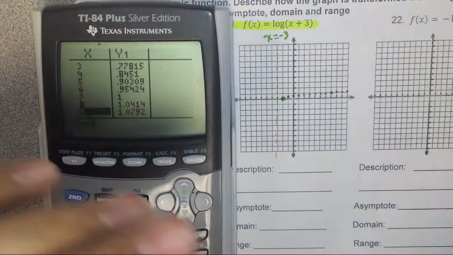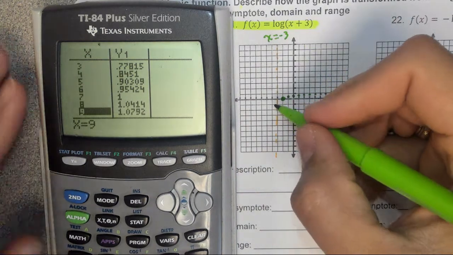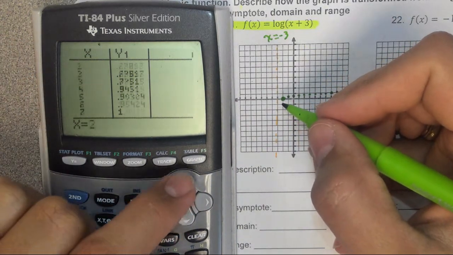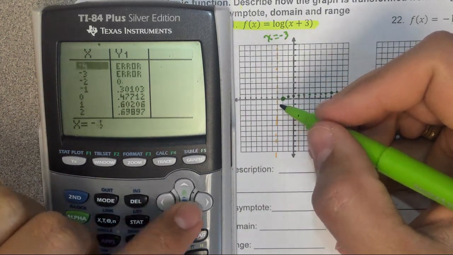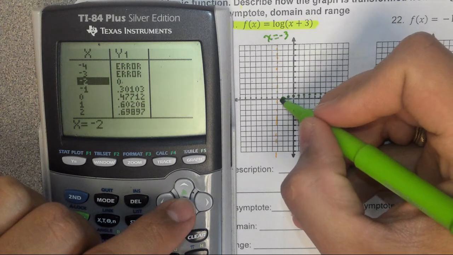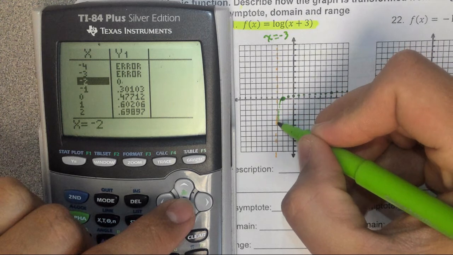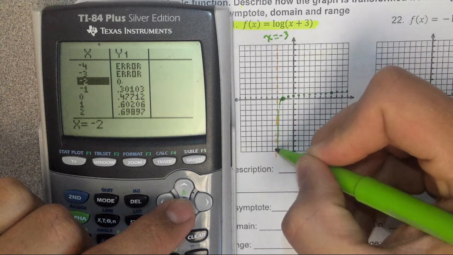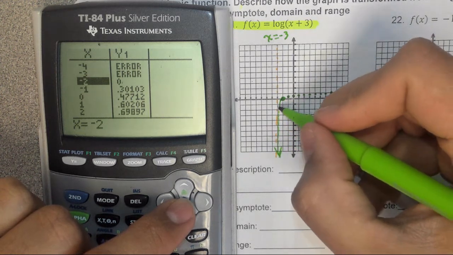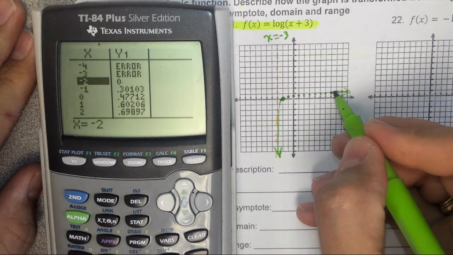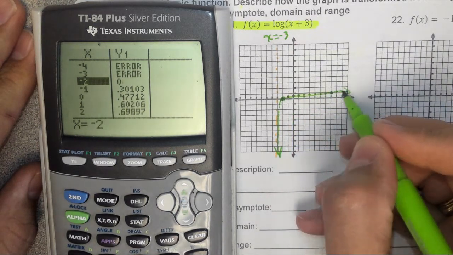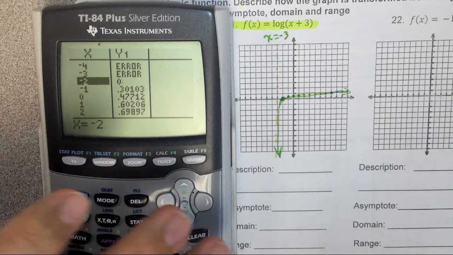There's a vertical asymptote right there. So even though you can't see it on here, it just kind of ends there at negative 2. It's going to come just like this and come straight down and hug that line, getting closer and closer and closer, but never touching. So that's what that one should look like.